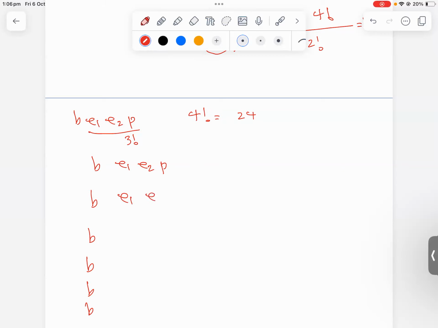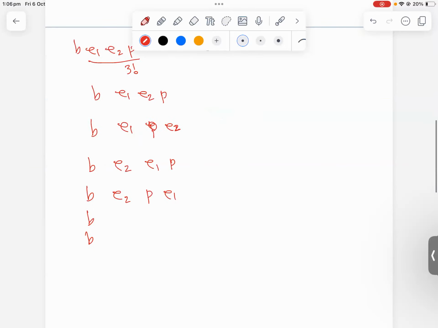Then I will play with P and E2, and finish. Then I will fix E2 as the second letter, and I will list this one, E1, P, P, E1. And this time I will fix P, okay? And I will list P, E1, E2 and P, E2, E1.